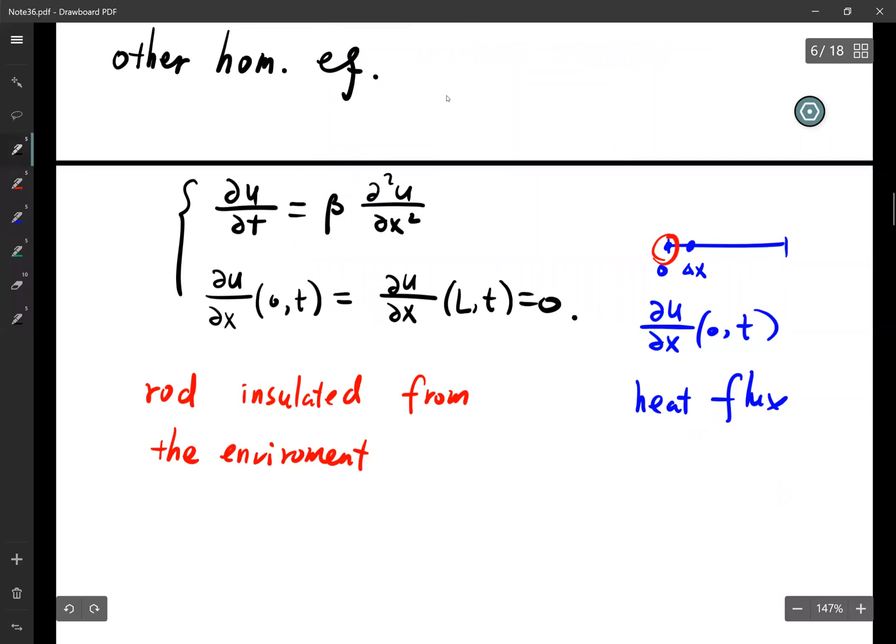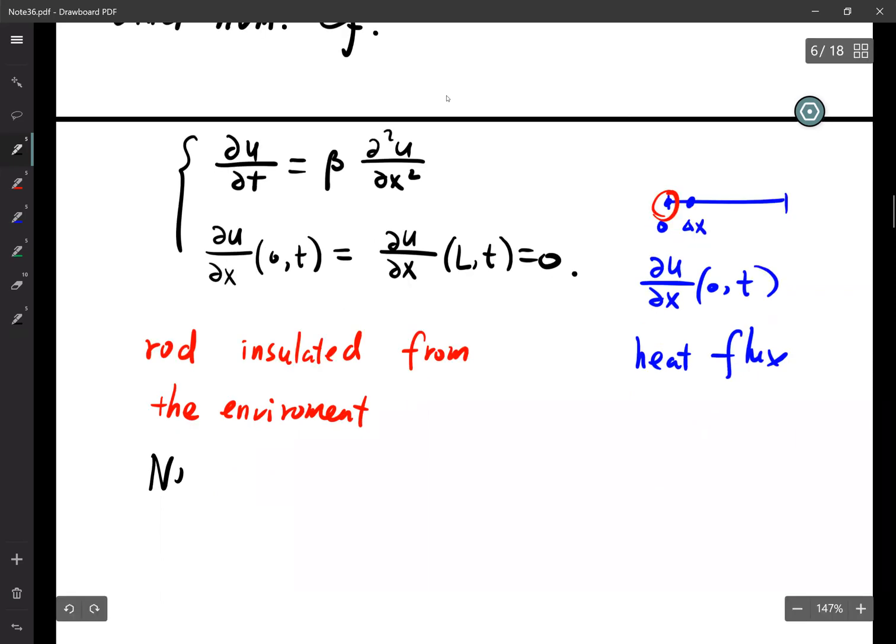And mathematically, this kind of boundary data, saying the derivative vanishes on the boundary, is called the Neumann boundary condition.